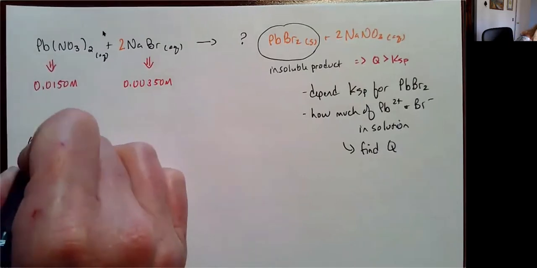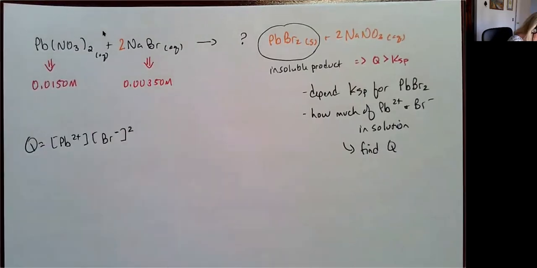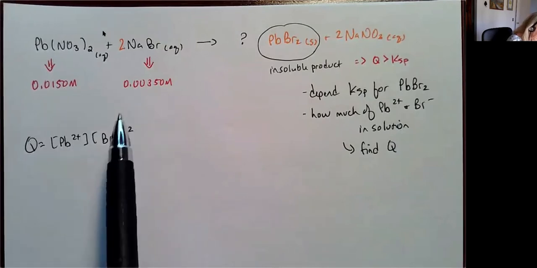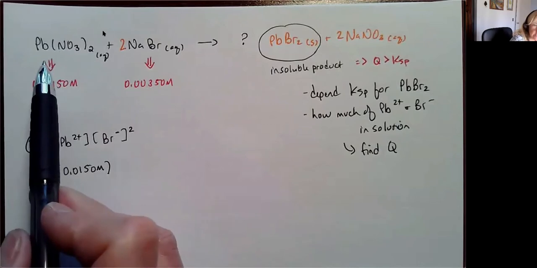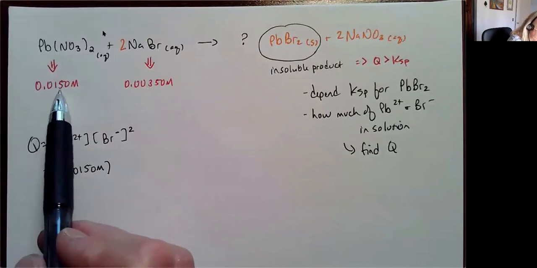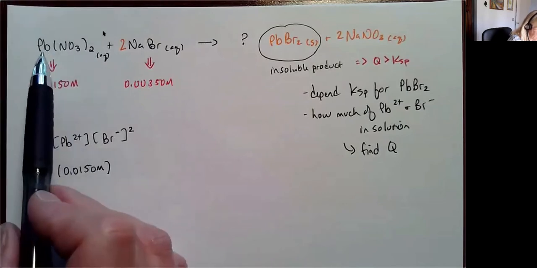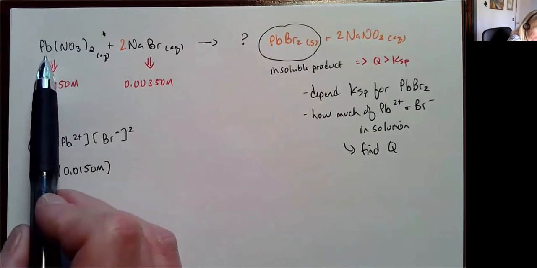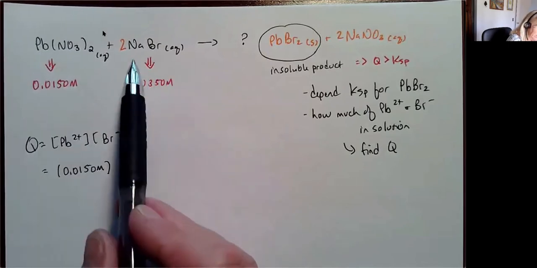So Q, remember, looks an awful lot like K for my insoluble product, and I'm going to plug these values in. For every one of these that dissociates, I'm going to have one lead. So if this is my molarity of lead nitrate, when this dissociates, this is also going to be my molarity of lead ions. This is my molarity of sodium bromide.